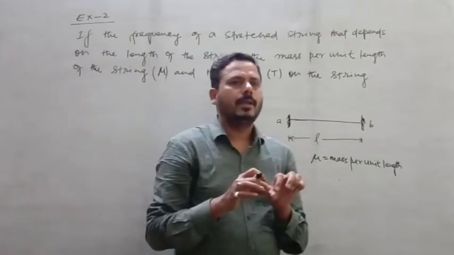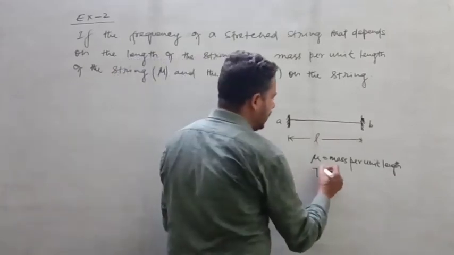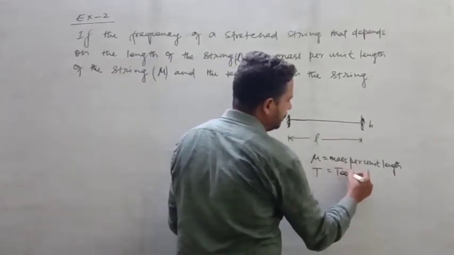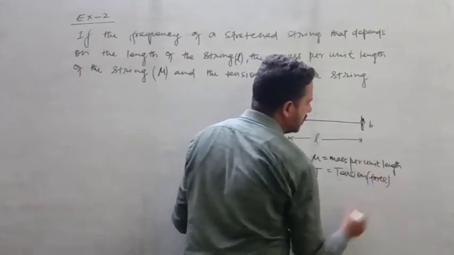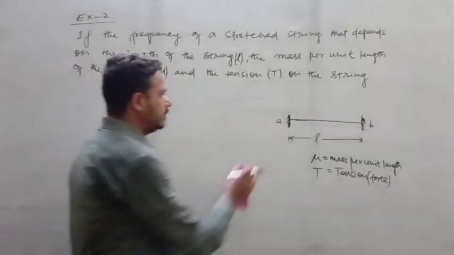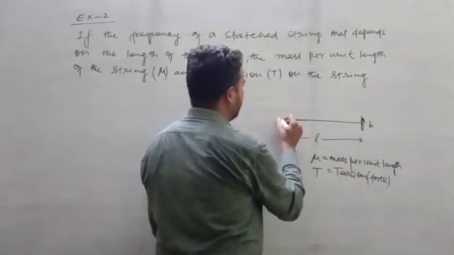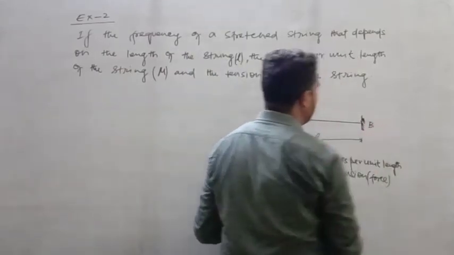That is T, the tension. Tension is a force. And there are two supports, represented by A and B.